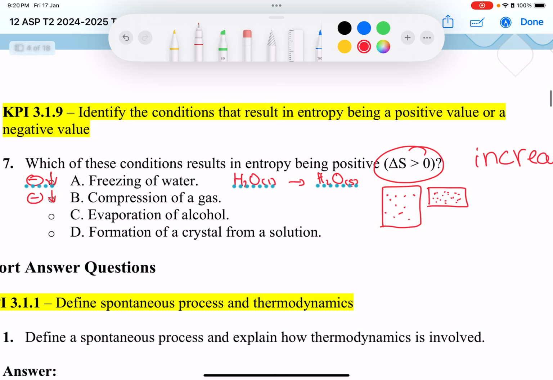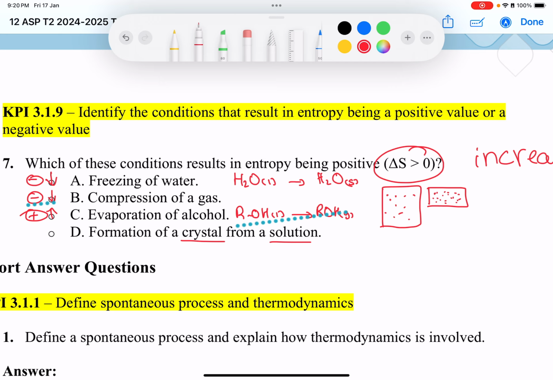So this results in a decrease of entropy and it is negative. Evaporation of alcohol. So any alcohol going from liquid to gas. So that's an increase in entropy. It would be positive. Crystal from a solution.